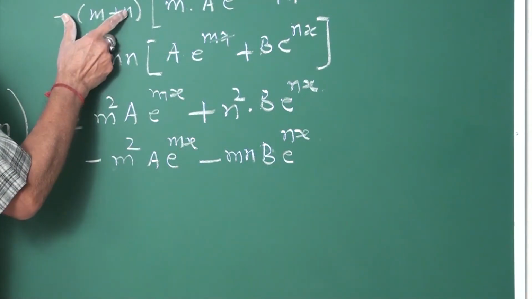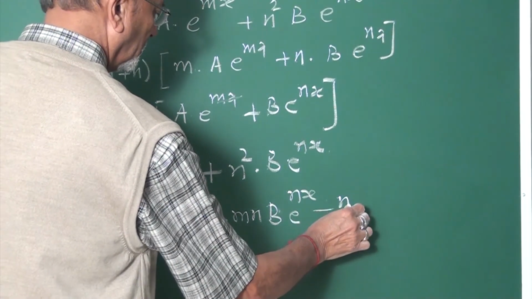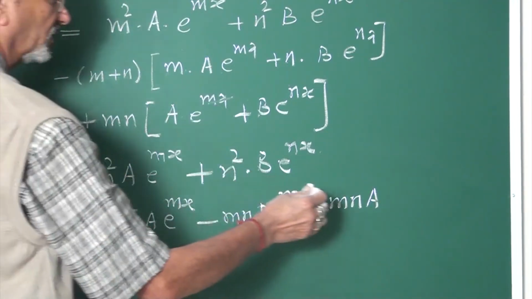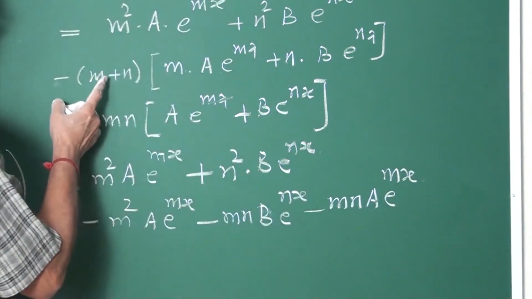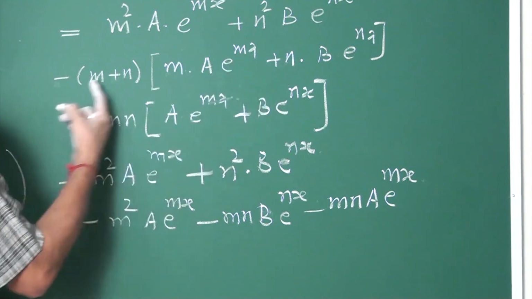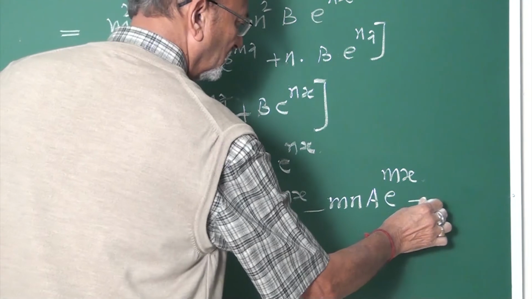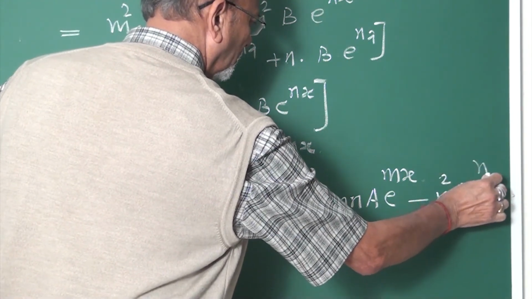Next, friend, with n, minus n into m, minus mn, a into e to the power mx. Next, minus n into plus n, minus n square, b into e to the power nx.